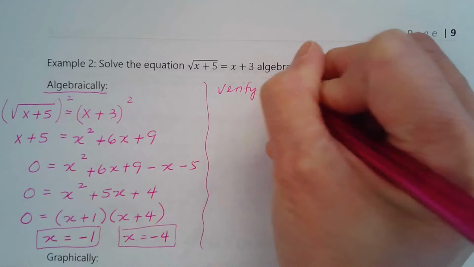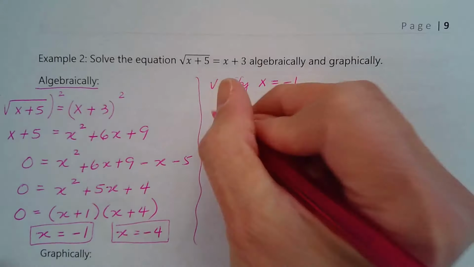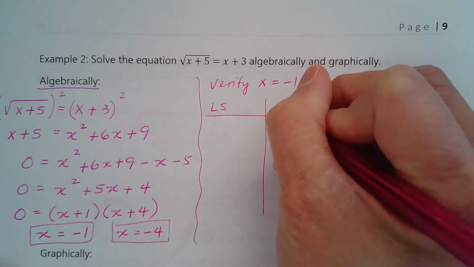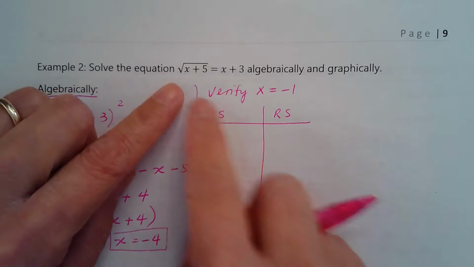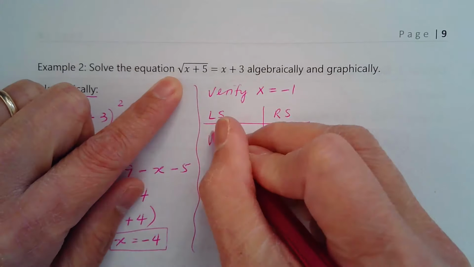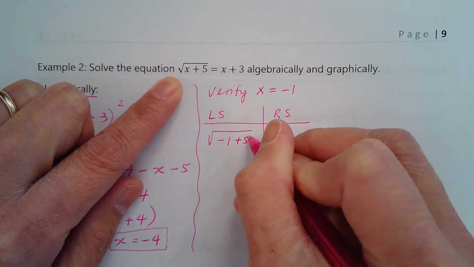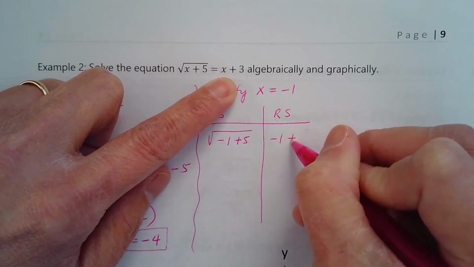We're gonna verify x equals -1 first, see what that looks like. Remember, the left side has to equal the right side. Okay? So the left side is gonna be square root of -1 plus 5, and then this is gonna be -1 plus 3.